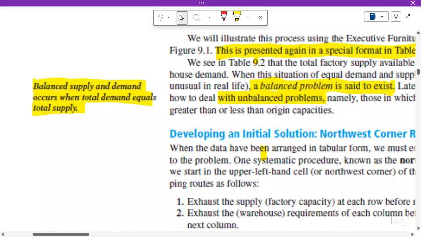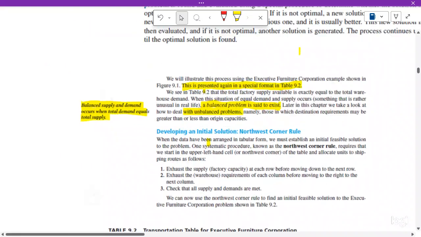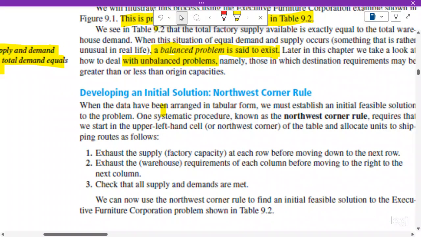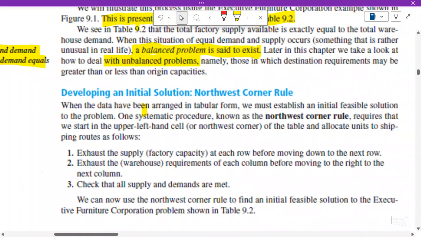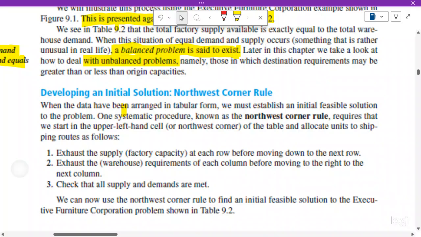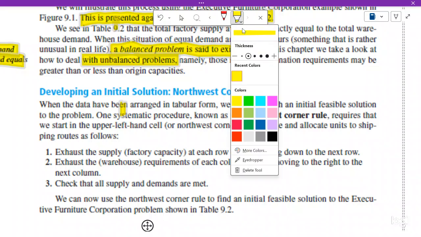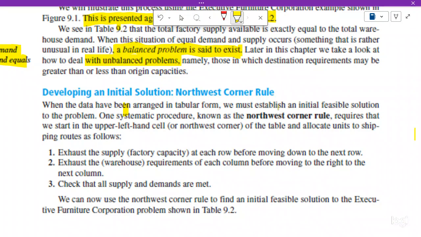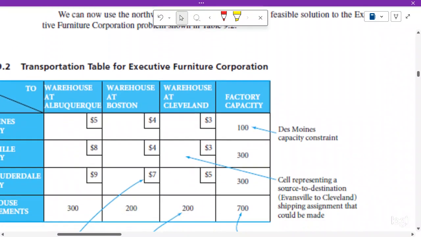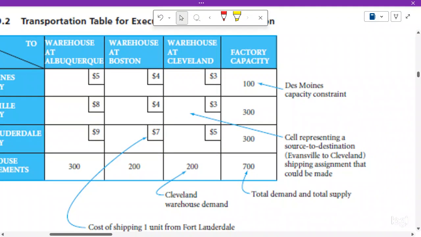Developing this, the method is the northwest corner rule. I won't read much on this. Let's rather go here, if we still remember.